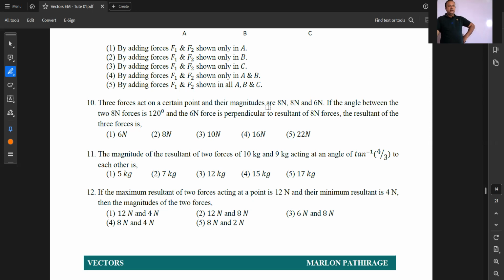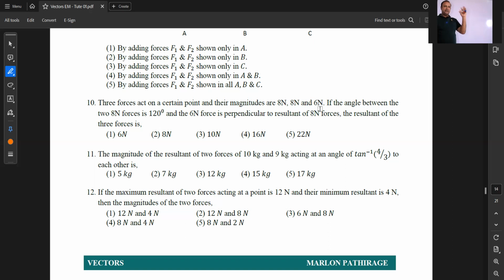Look at this. There are 3 forces, 8, 8, and 6. The angle between the two 8 forces is 120. Therefore, I know the resultant force of the two 8 forces should be equal to 8. Then it says the resultant force of the two 8 forces is perpendicular to 6.